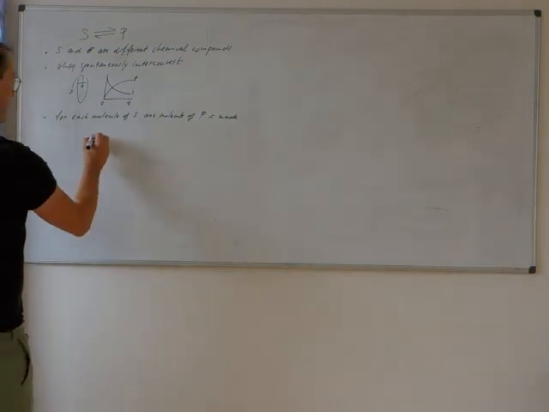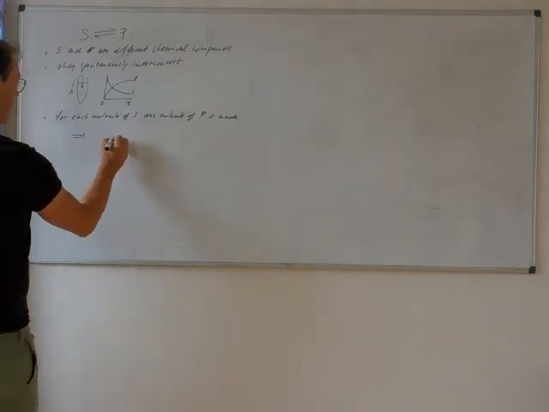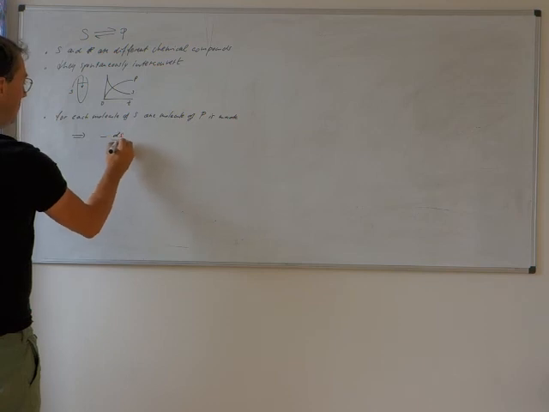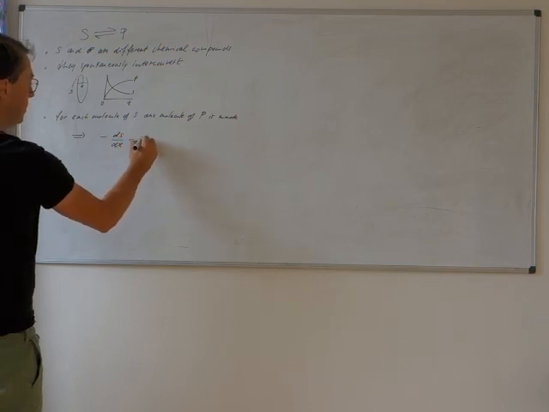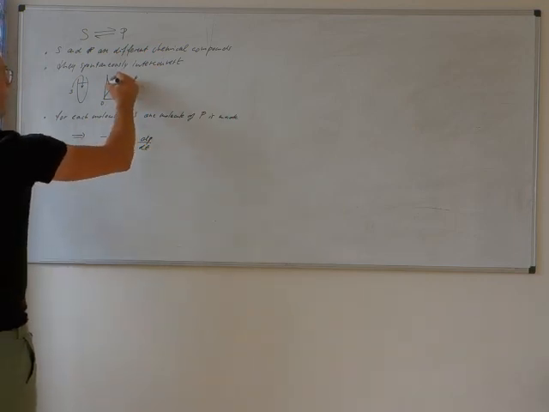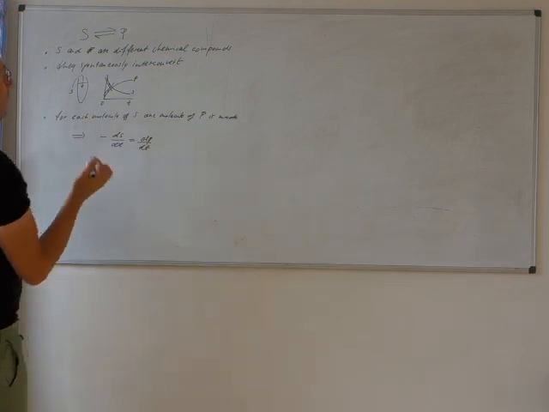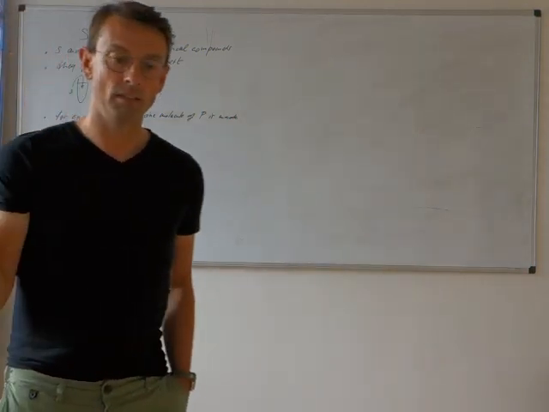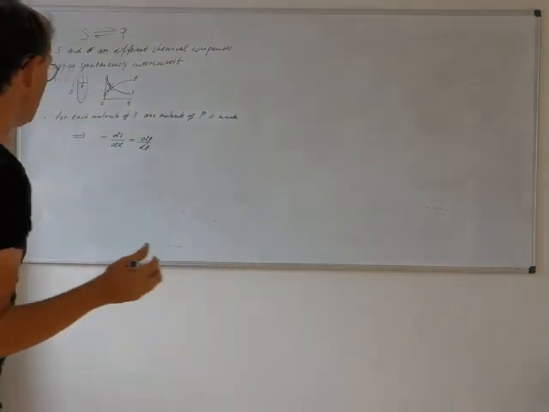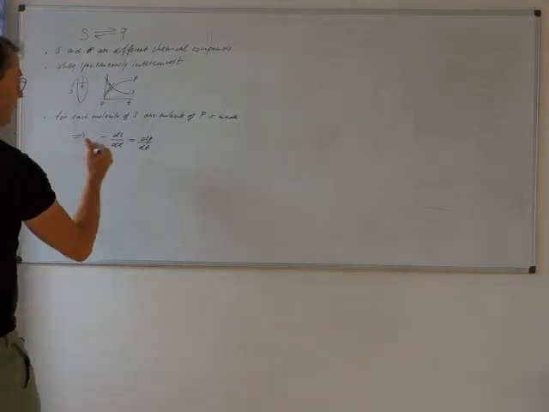So that must mean that minus dS/dt equals dP/dt, because dS/dt is the slope and dP/dt is the other slope. dS/dt is going to be negative because you're losing S, and dP/dt is going to be positive because you're gaining P. But this relationship has to be true.